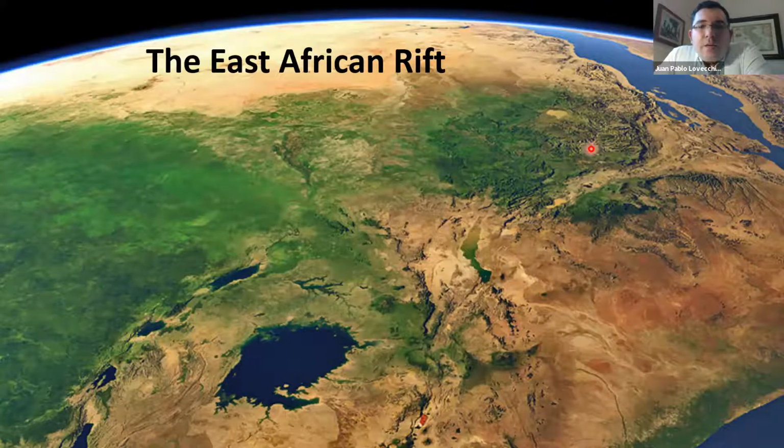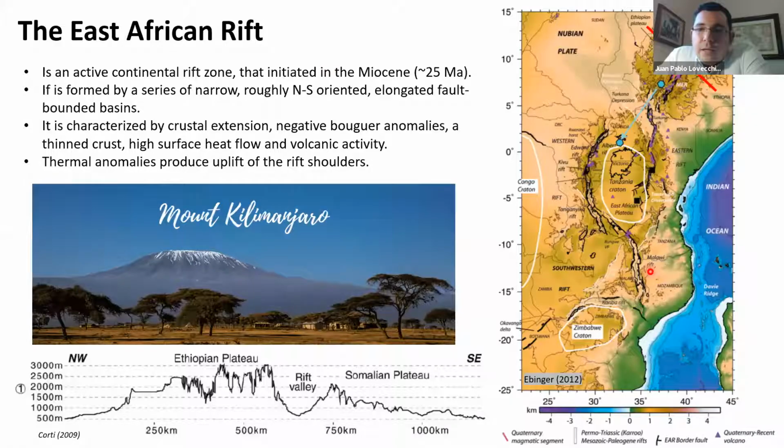This is the East African Rift. You see that it has 3 branches. In particular, here you will see the 2 branches splitting between Uganda and Mozambique, Tanzania. And this system is active in the present, and it initiated in the Miocene around 25 million years ago.